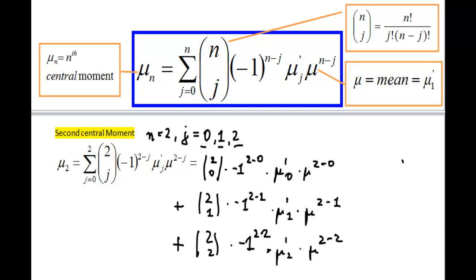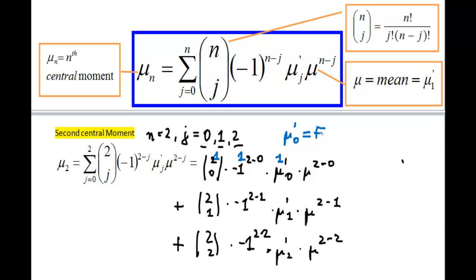So I will evaluate each of these terms separately. 2 choose 0 happens to be 1. Minus 1 to the power of 2 is 1. The zeroth raw moment is 1. Why is the zeroth raw moment 1?